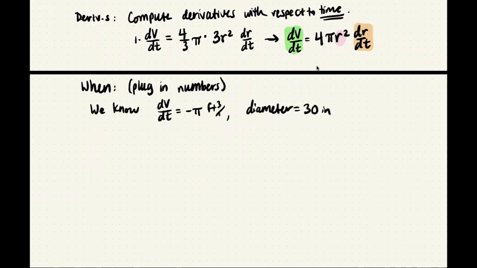Well, the radius of a sphere or a circle is the diameter divided by 2. So we really want to know what's going on when the radius is 15 inches. We can't quite plug in 15 for this r just yet, because we need to make sure all the units match up. Here, volume is in feet cubed per hour, but this radius is in inches.